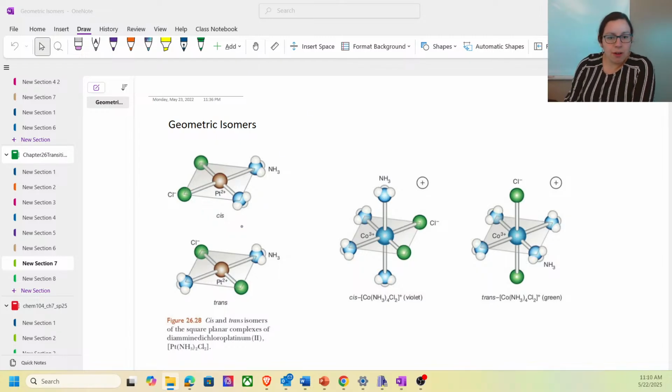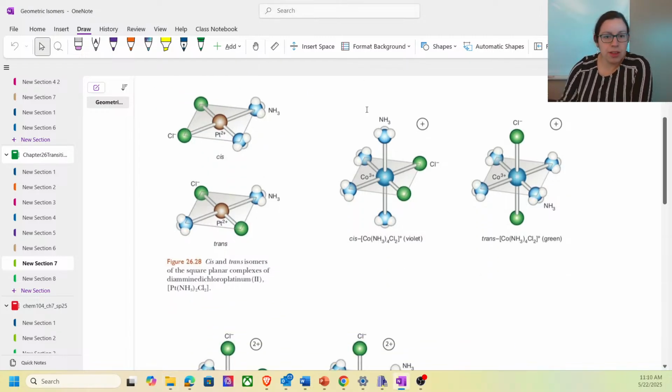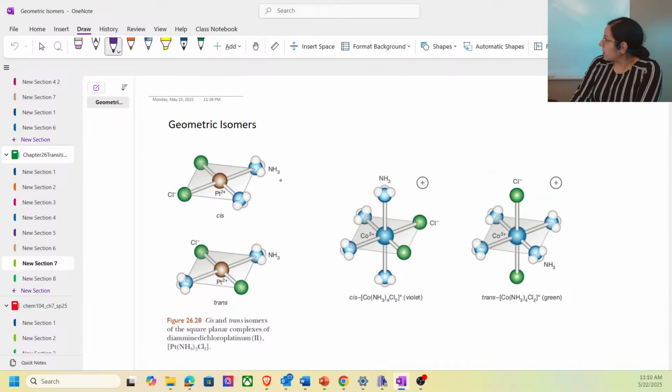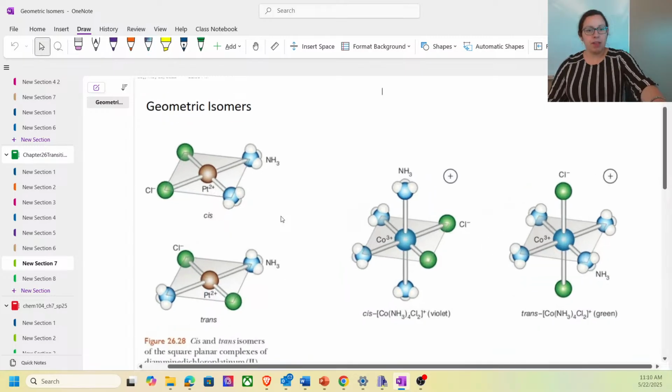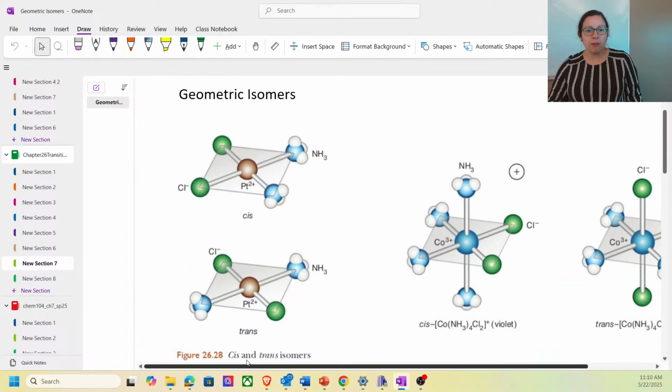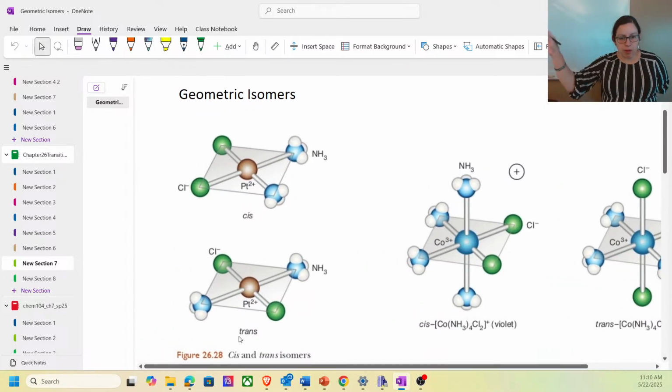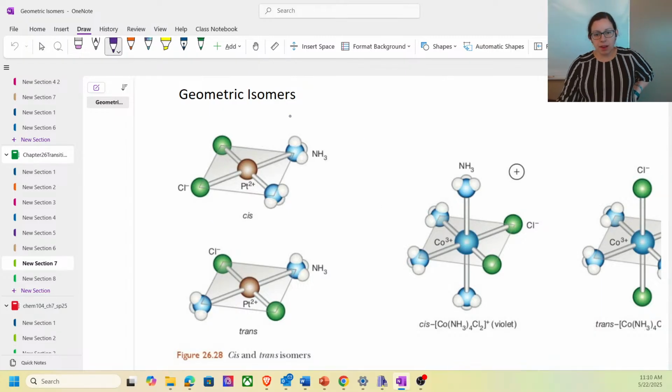And so we have our geometric isomers. I think you've played around with some of these in lab. The point, back to maybe what you're asking, is that depending on our geometry, we have different potential isomers. That's what you were playing around with in lab.